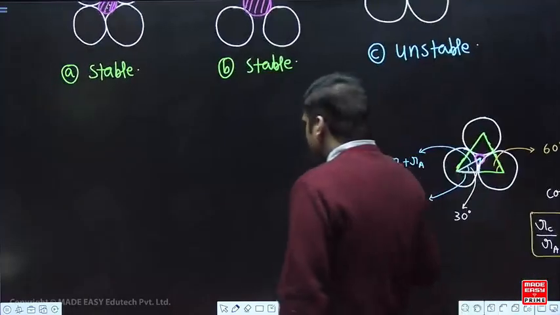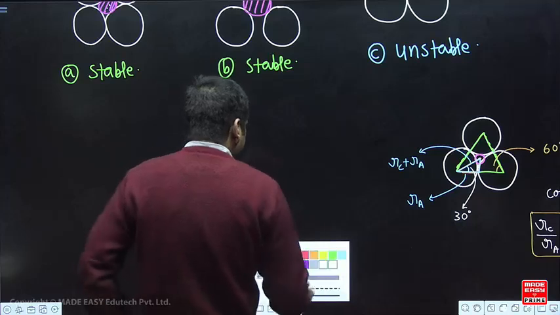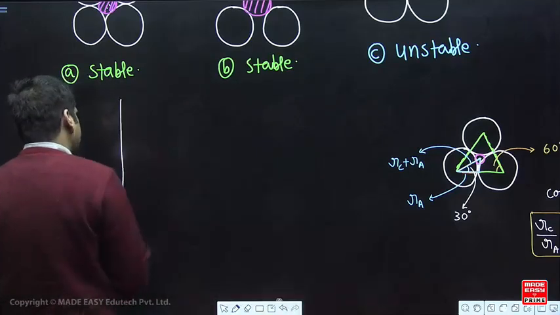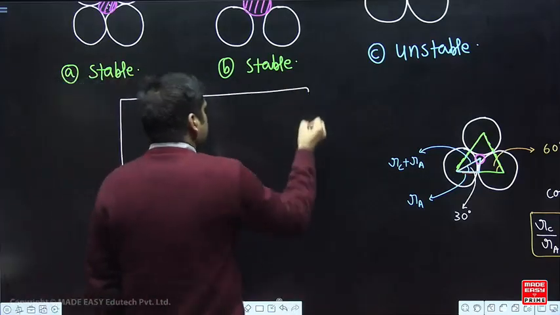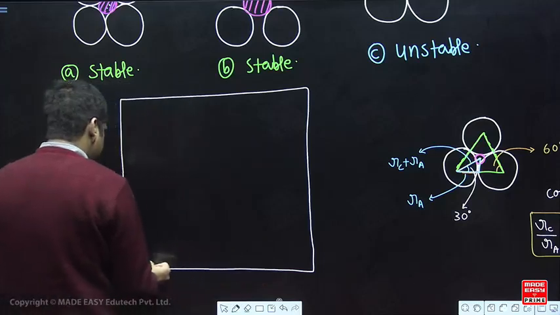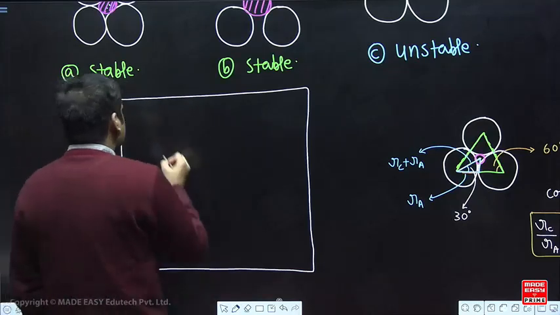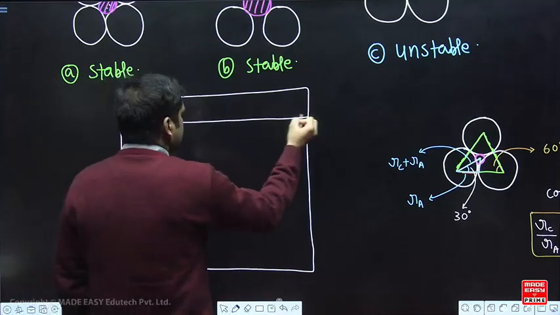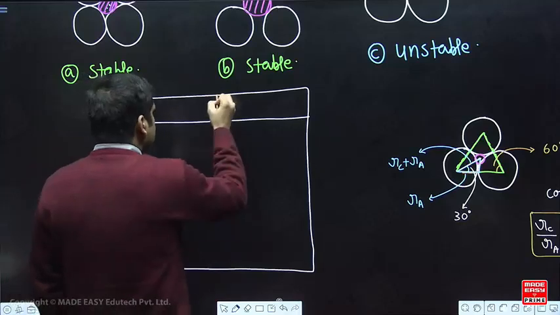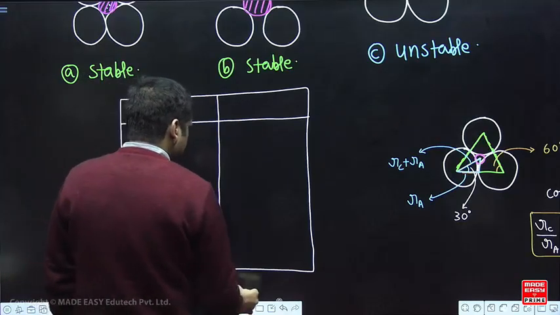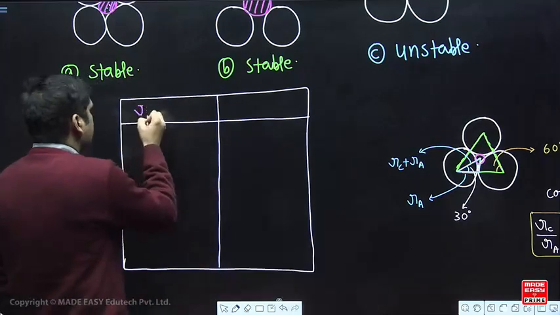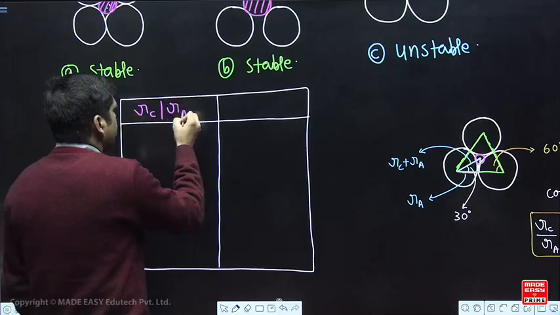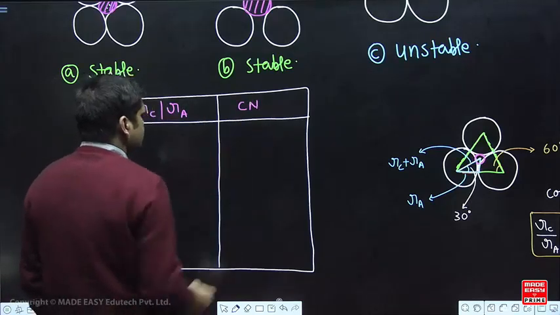Now you see, I said that for different structures, we can calculate the coordination number. So I am making a table where the radius ratio and coordination number will be related to each other. It is RC upon RA, and CN, the coordination number.